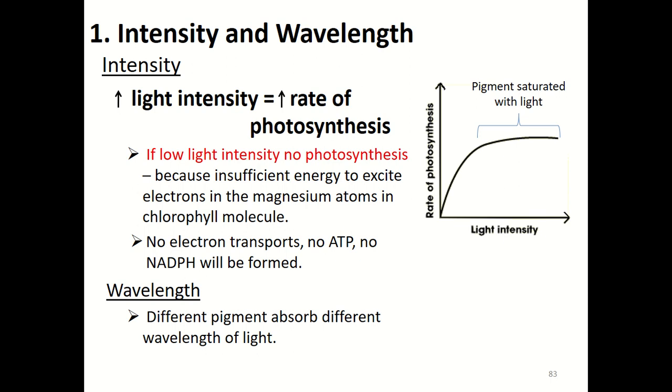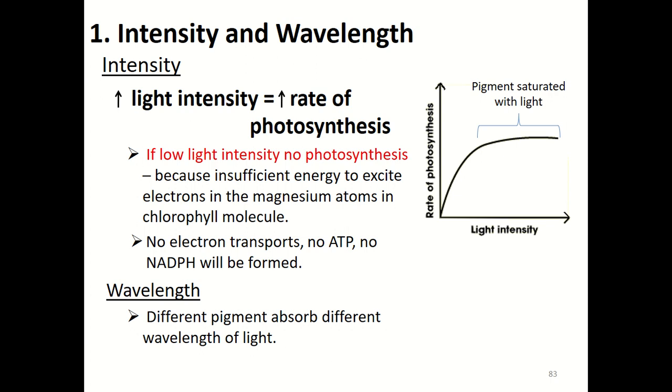This is because if the light intensity is very low, no photosynthesis will occur due to the insufficiency of light energy, which is in the form of photons, to excite the electron in the magnesium atom in the chlorophyll molecule, which is in the photosystem.